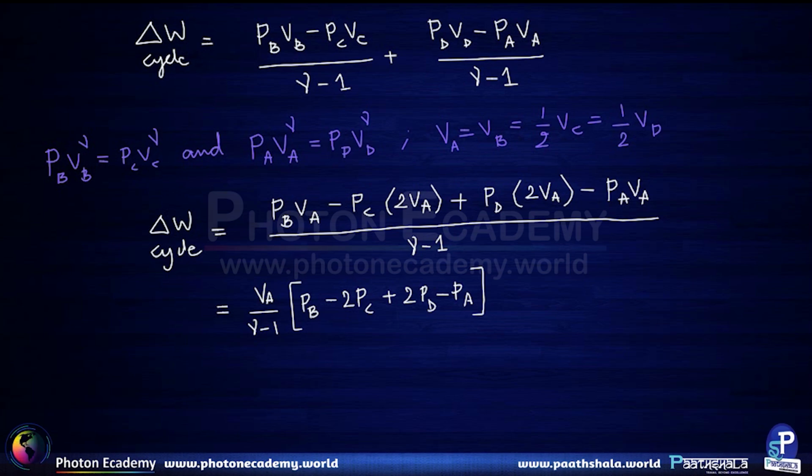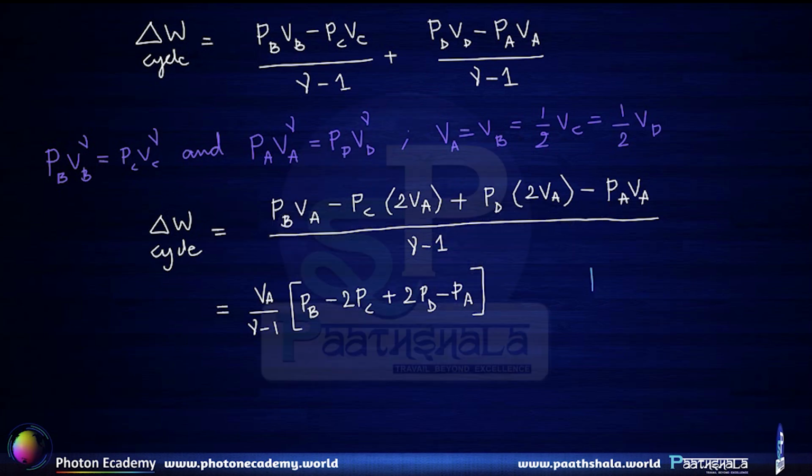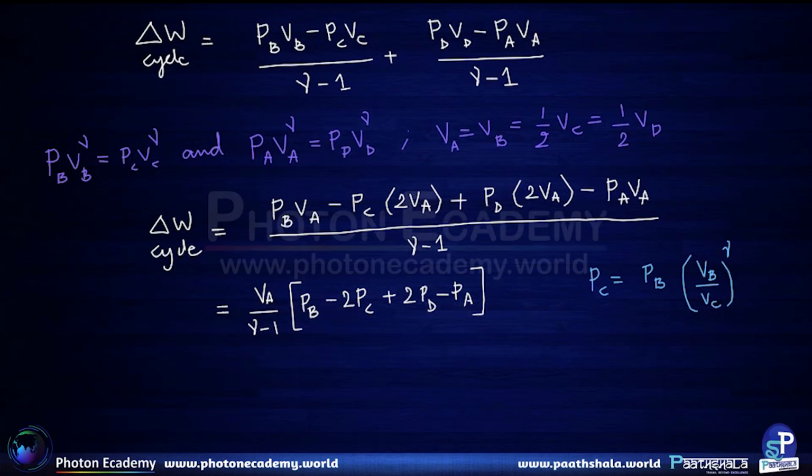From the relations, we can write Pc is equal to Pb into Vb by Vc power gamma, and Vb by Vc is 1 by 2. So Pc is equal to Pb by 2 power gamma.